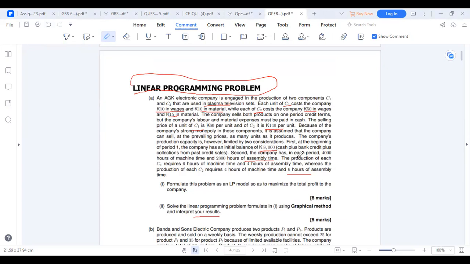The company has in each period 4,000 hours of machine time and 2,800 hours of assembly time. The production of each C1 requires 6 hours of machine time and 4 hours of assembly time, whereas the production of C2 requires 4 hours of machine time and 6 hours of assembly time. So this can be presented this way.